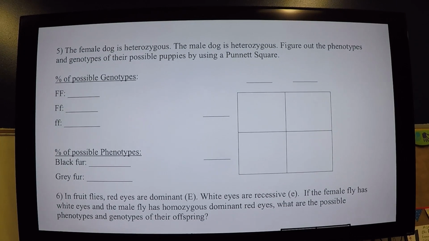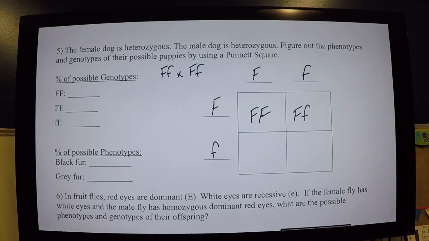This is probability, so this is all percentages. Alright, we can look at a different one now. A female dog is heterozygous, still looking at that same fur color, and the male dog is heterozygous. So we've got two different letters because each is heterozygous. We cross those, dragging and dropping.